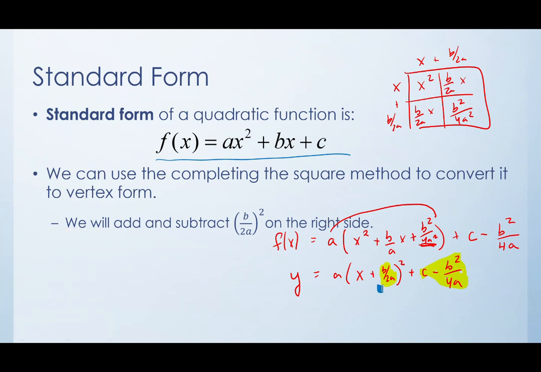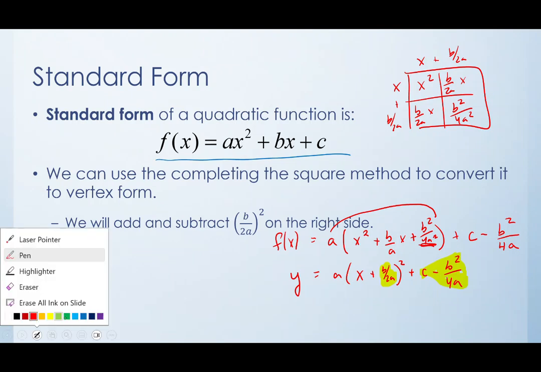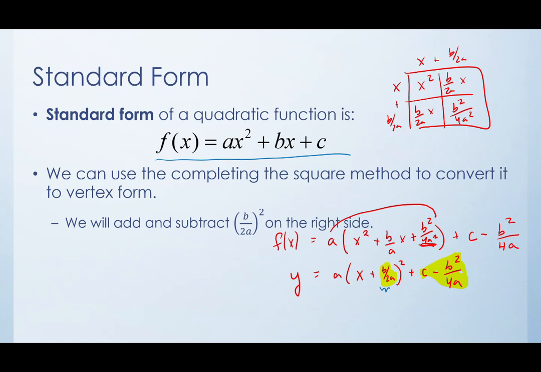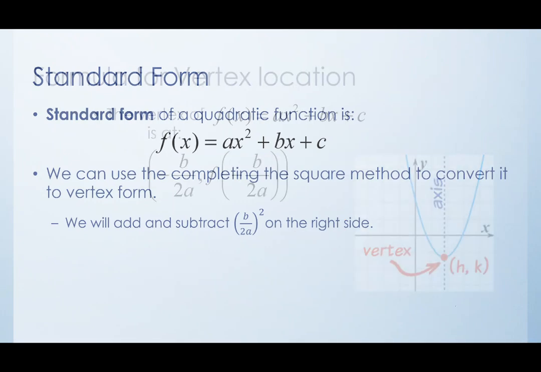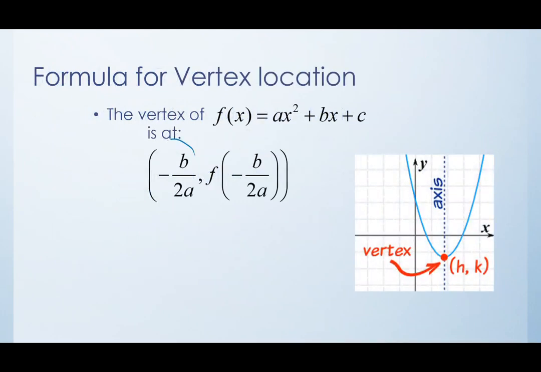So this is h, and this lovely mess is k. Okay, am I going to ask you to complete the square? No. What you can do is simply remember that the x coordinate of the vertex is at negative b over 2a, using the a and the b from the standard form of the quadratic.